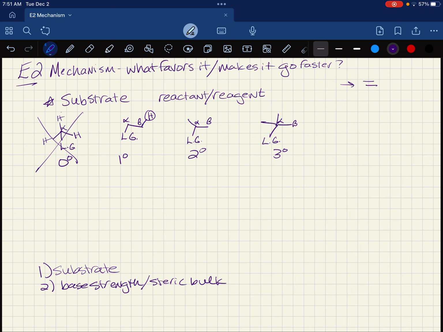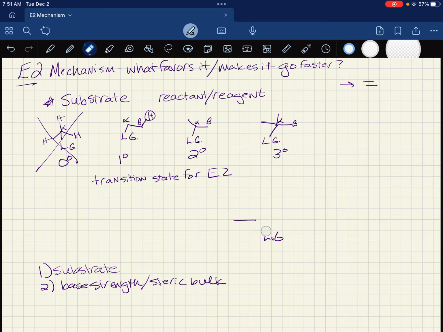But if we look at the transition state for this reaction, then what's happening is the leaving group is leaving. Sorry, let me draw the partial bonds out. The leaving group is leaving, so that bond's being broken.